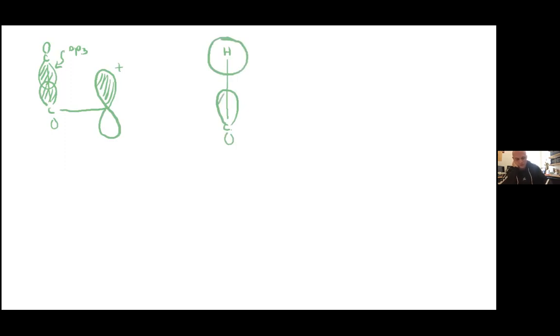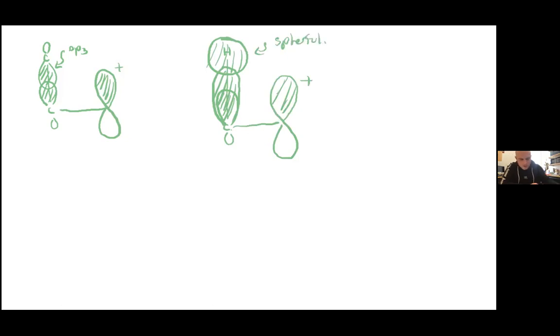We can shade them, this should be up here, but you get the idea. And the point is that the H1s, because it's spherical, is actually pointing more towards the adjacent 2p orbital. The resulting MO, the bonding orbital, resembles the H1s because that was part of the input.